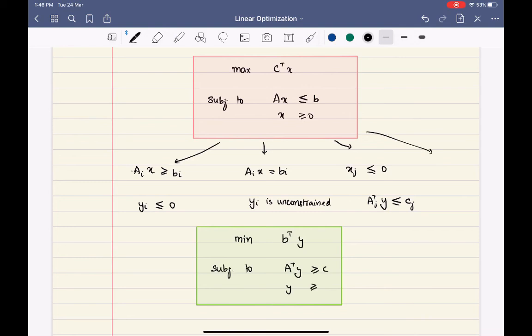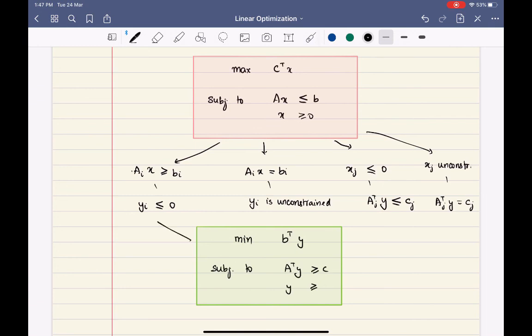And finally, if we have xj unconstrained, we should have the corresponding constraint here, which will be A transpose jy equal to Cj.